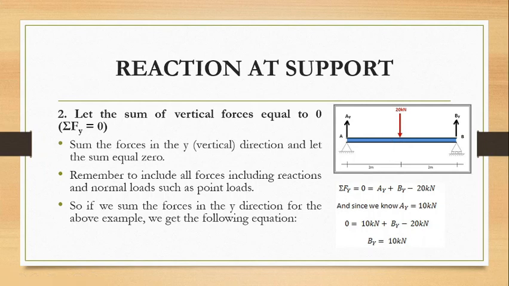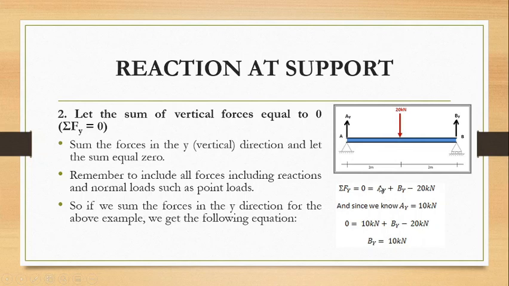So we get an equation that the sum of all the forces in the y direction is equal to 0, which means AY reaction plus BY reaction minus the 20 kilonewton force. We use the minus sign for this force because it acts downward.